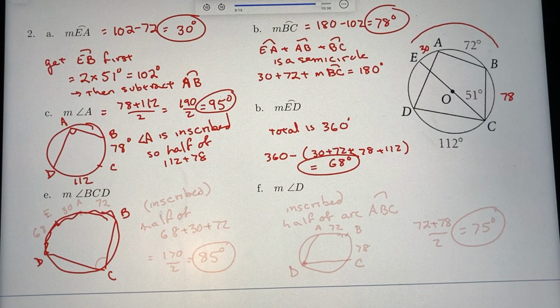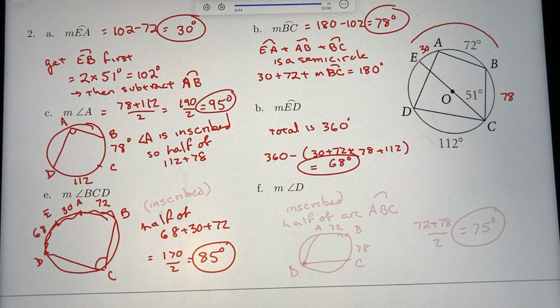It's ED, which we just figured out was 68, and then 30 degrees to get to A, and then 72 more degrees, so half of that.